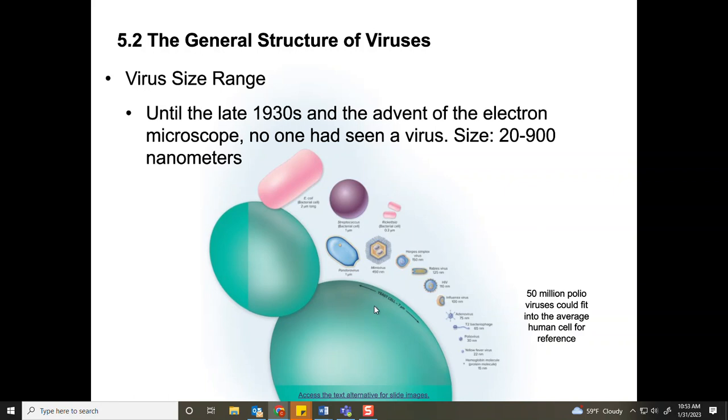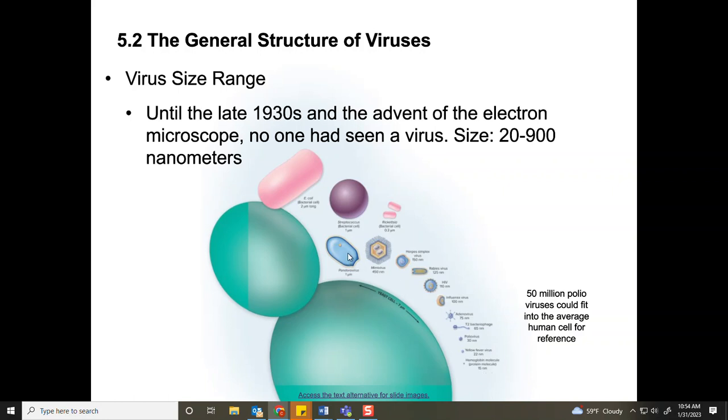So the largest cell here is a budding yeast cell. If we look at the smaller one here, that's a bacteria, E. coli. It's rod shaped. We have a coccus here, which is round. It's only 1 micrometer in diameter. And then we see several viruses.